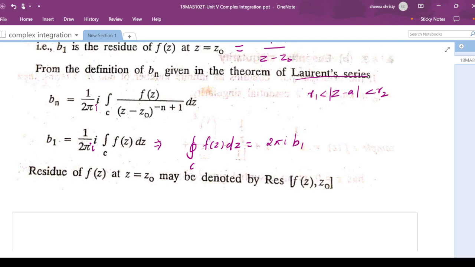The residue of f(z) at z = z0 may be denoted as Res f(z) at z0. This is the representation for residue. Now if you are asked to find the residue, we have to find the coefficient of 1/(z - z0) in the Laurent series.